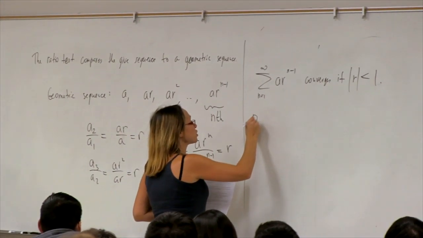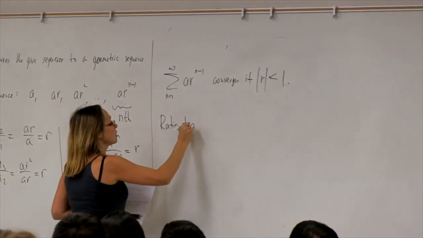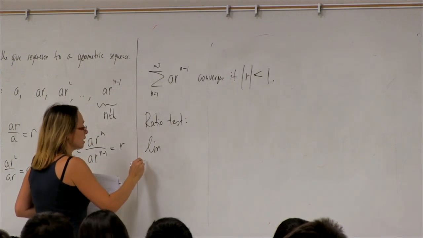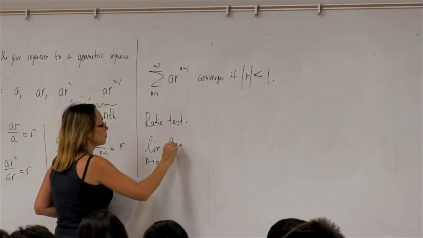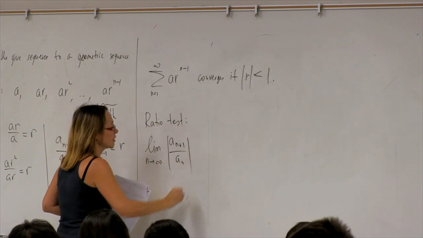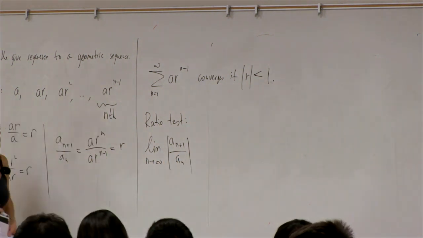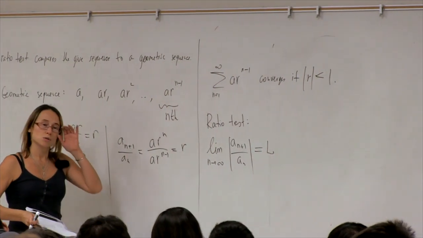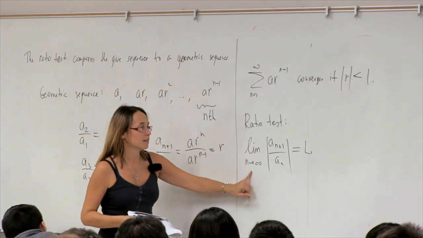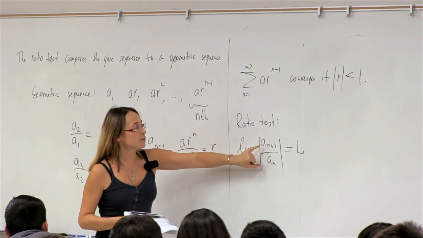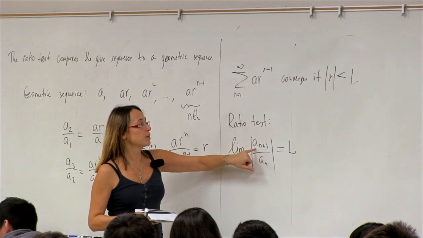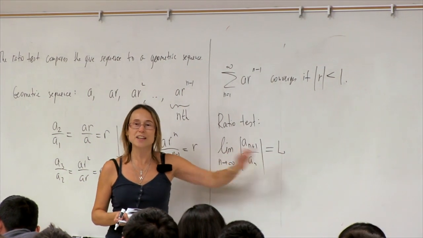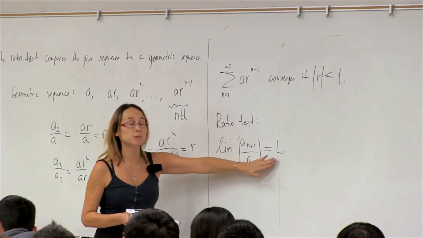Now, let's go to the ratio test. What are we looking at? We are looking at the limit as n goes to infinity of the absolute value of a_(n+1) over a_n, and let's suppose that this limit exists. So for very, very large values of n, the ratio between the next term and the previous one is going to be very close to L. It's the limit, but it's going to be very close to it.